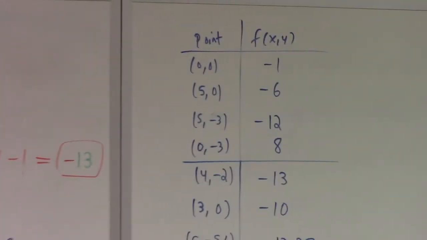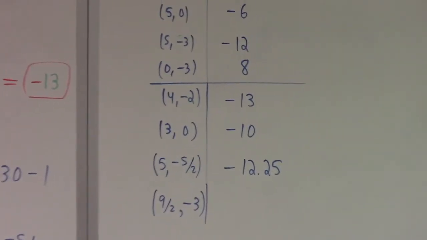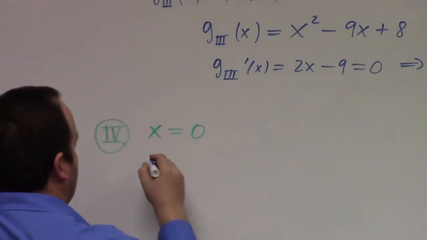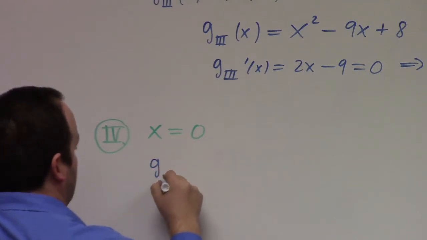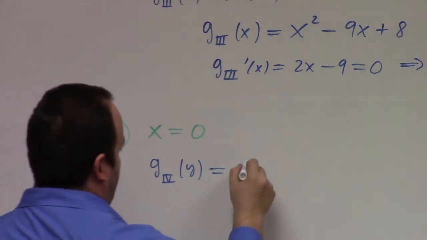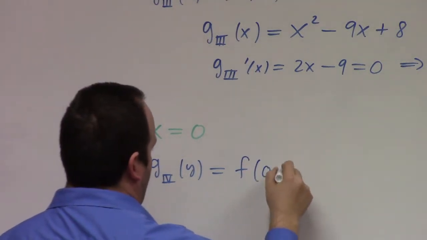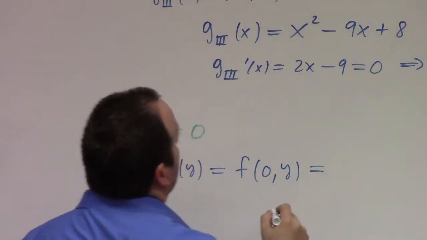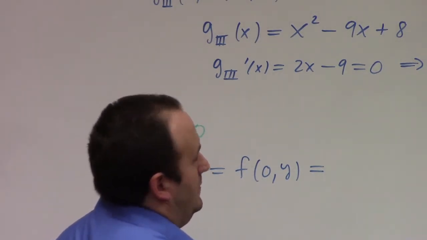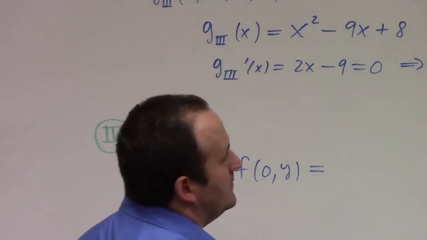What's the fourth leg? X equals 0, right? So we're looking at g4. This is a good question to have asked. Thank you for asking it. Let's see, so f of 0, y. Hey, that's nicer.